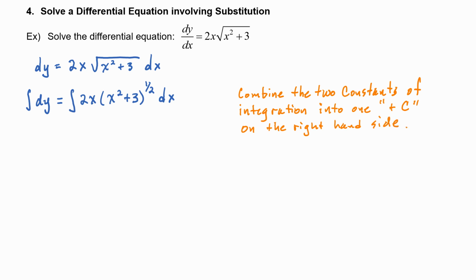So then when we integrate dy, we will write it as y. Normally it would be y plus c, but we're going to combine those constants of integration. Now on the right-hand side, we aren't quite ready to integrate because we'll need to do a substitution.